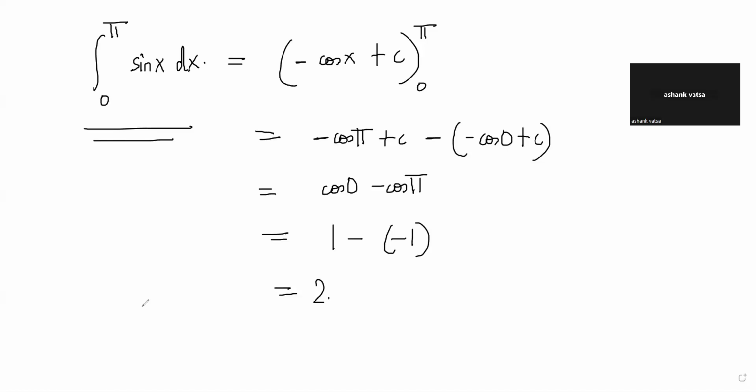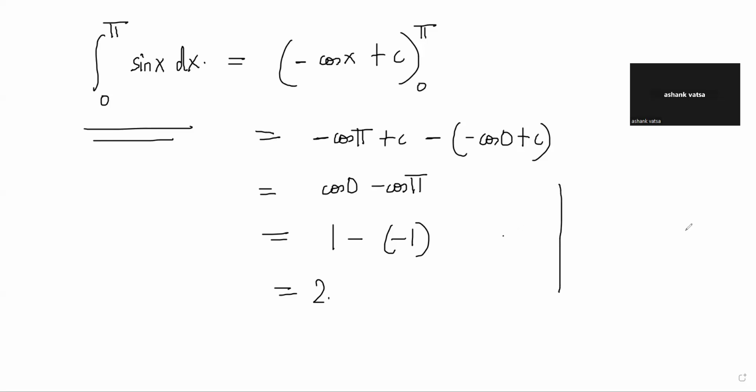You don't know the value of cos pi. I misread it as pi by 2. It's not pi by 2, it is 0 to pi. Yes, sir. I miscomprehended it.